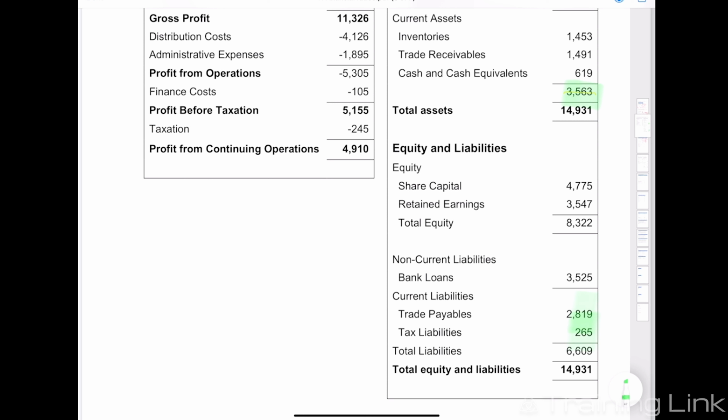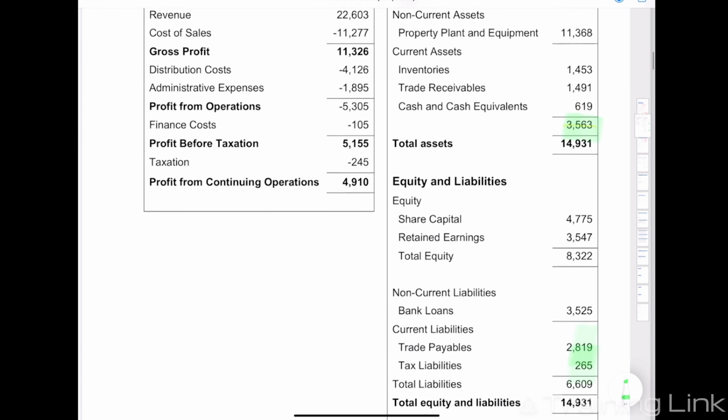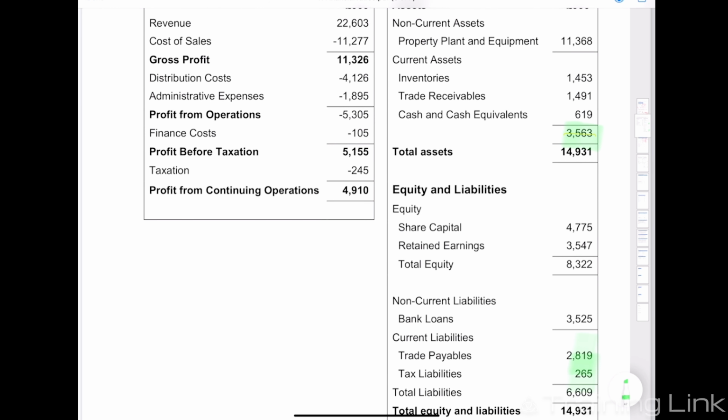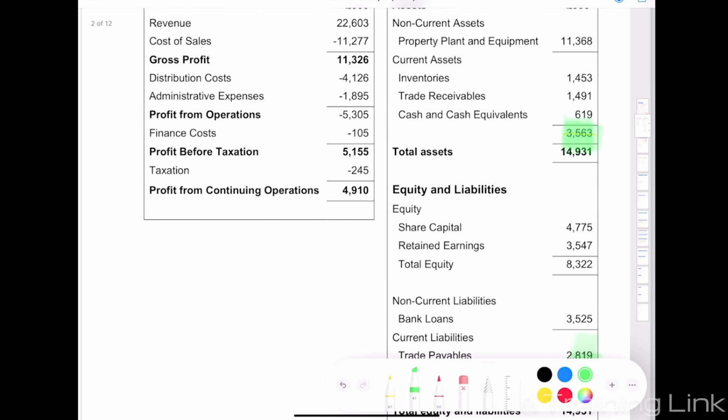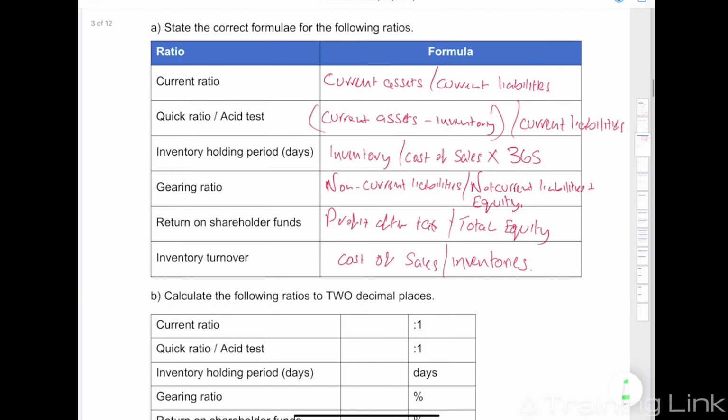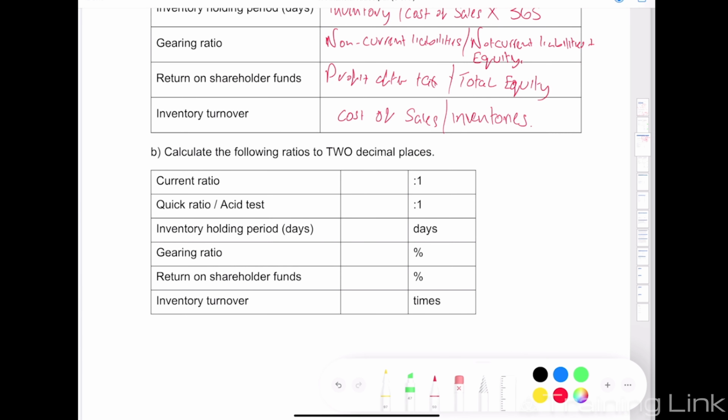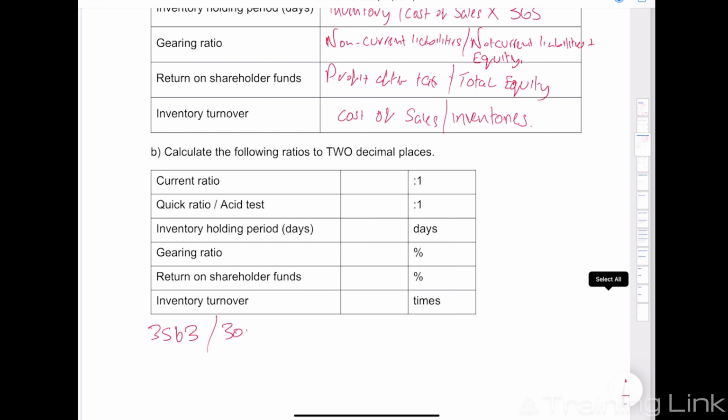If we add those figures together for the current liabilities and then take our current assets figure of 3563 up here, that would end up being, for the current ratio, 3563 over 3084.